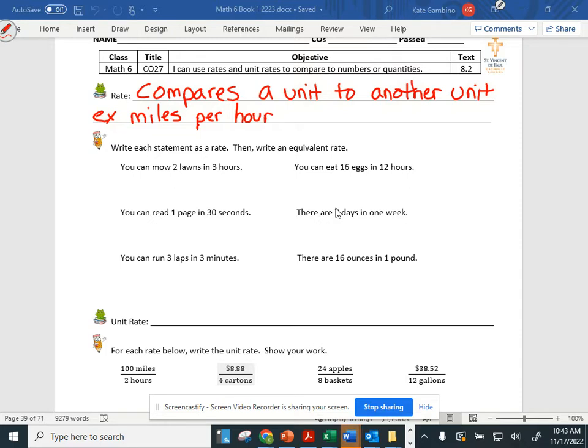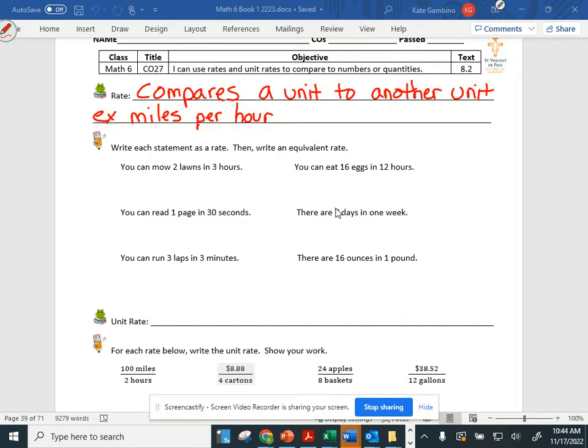So it's the different measurement units, all right? How many miles can I go in 1 hour? Miles per hour. So now instead of comparing cats to dogs, part to a part, now we're going to compare that measurement, that unit, to another unit. It's the same concept, just using a different way of getting the numbers.